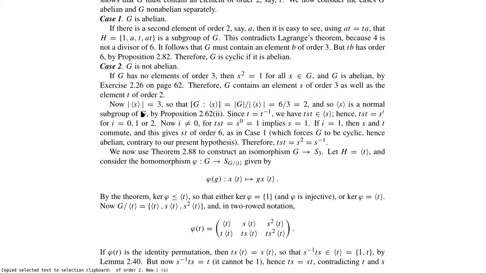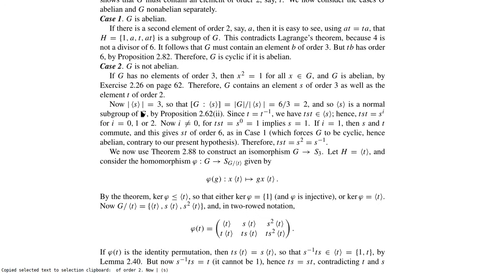So this is of course something we know as the counting formula. Remember, the order of the group is equal to the order of H times the number of cosets, which is just the index of the subgroup, right? So here the subgroup is just the cyclic subgroup.